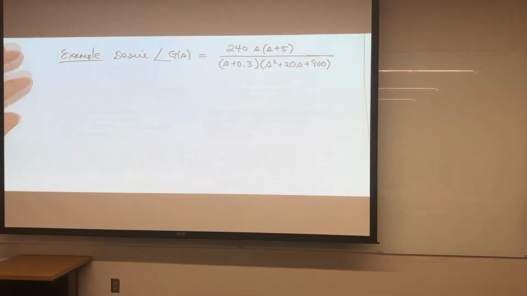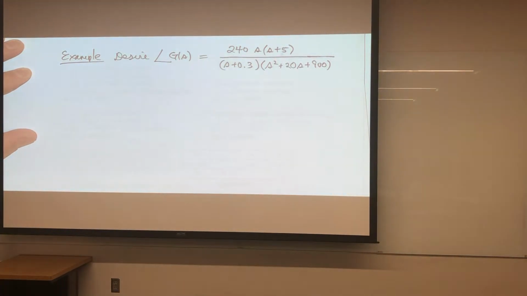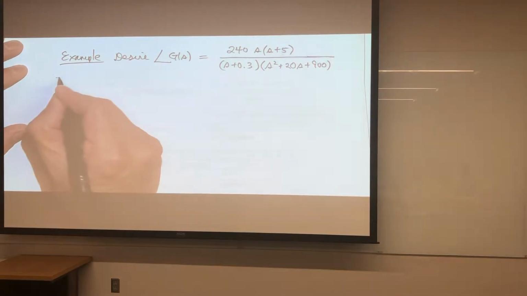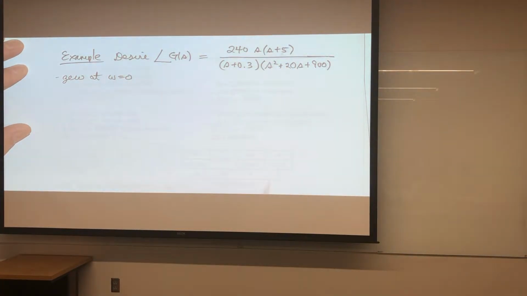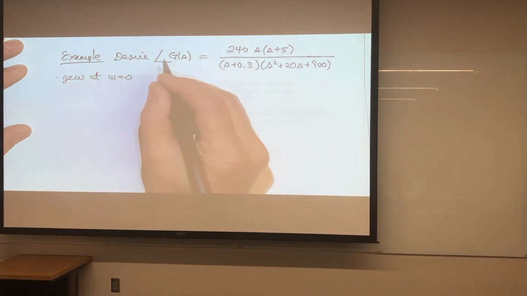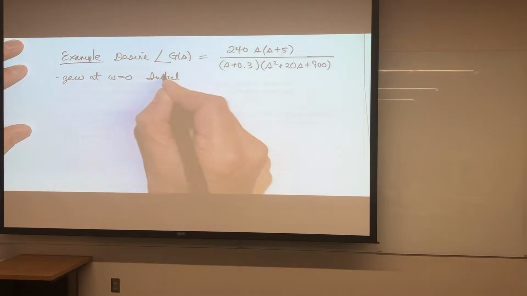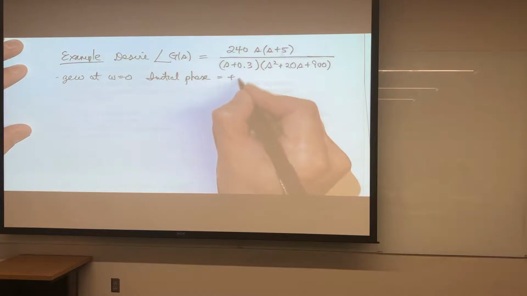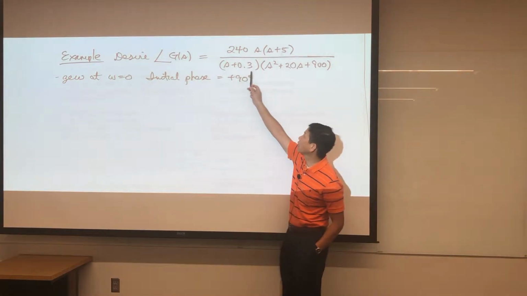So we see no negative signs, so there's nothing to deal with. But let's take a look at the different factors. We have a zero at omega equal to 0. That's this term. And so that means that the initial phase is equal to plus 90 degrees. At low frequencies, all these other factors start at 0 degrees.